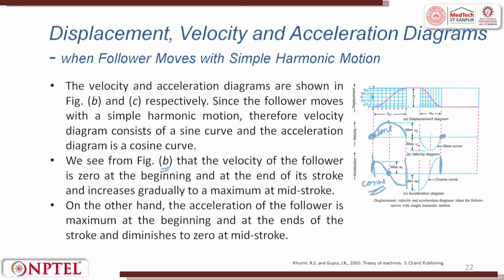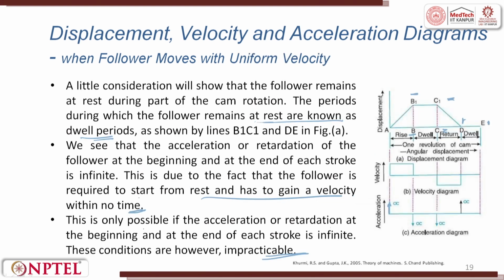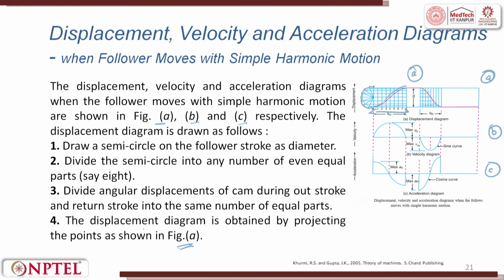You can see here, in the middle of the stroke it goes to 0. Now, you have seen the displacement, velocity and acceleration diagrams for a uniform velocity and for a simple harmonic motion. Two we have seen. In a similar way, you can try to draw the cycloidal one, and also the uniform acceleration one.